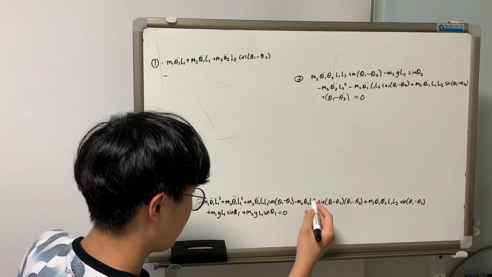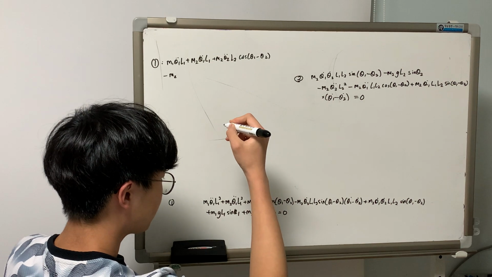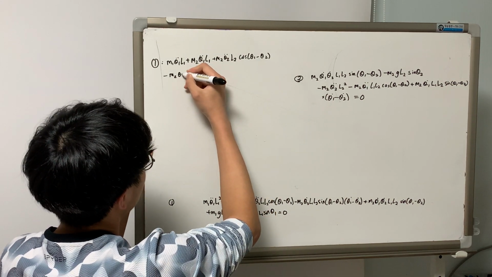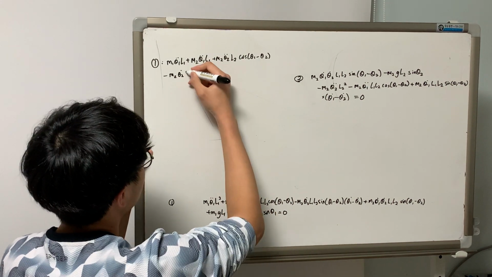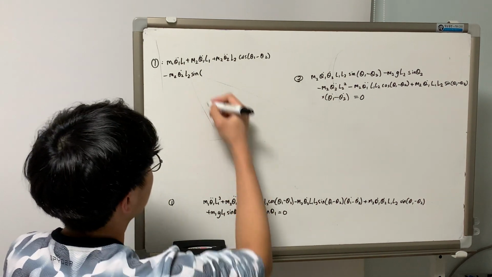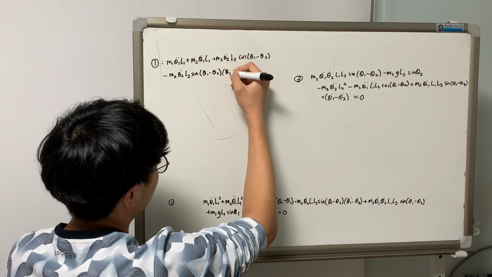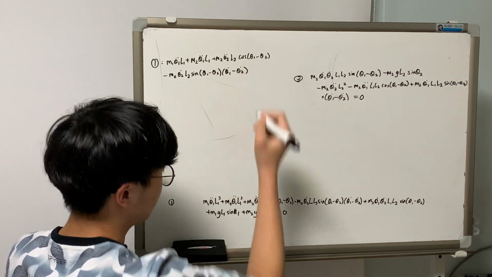minus, from this here we get rid of the L1 and we get M2 theta 2 dot L2 sine of theta 1 minus theta 2 times theta 1 dot minus theta 2 dot.